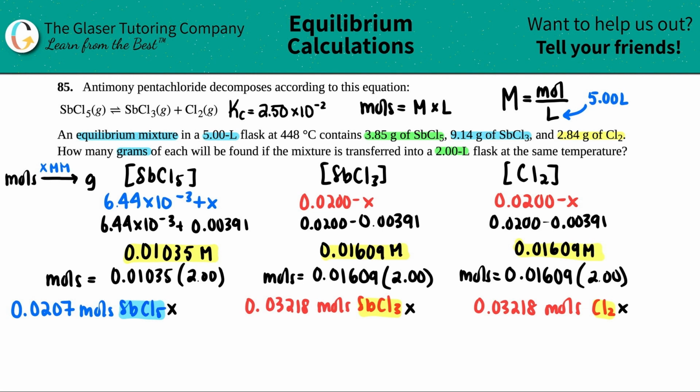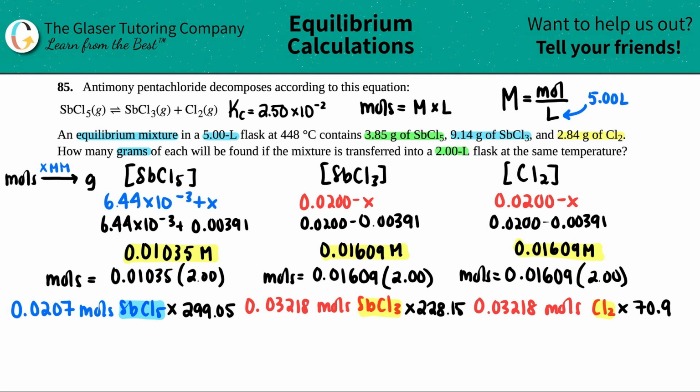So let's see. The first one, oh yeah, 299. So you would times this by 299.05. The second one, you have 1 antimony, 121.8 plus 3 times 35.45. You get 228.15. These are probably going to be the same numbers that you saw before. And then 70.9.